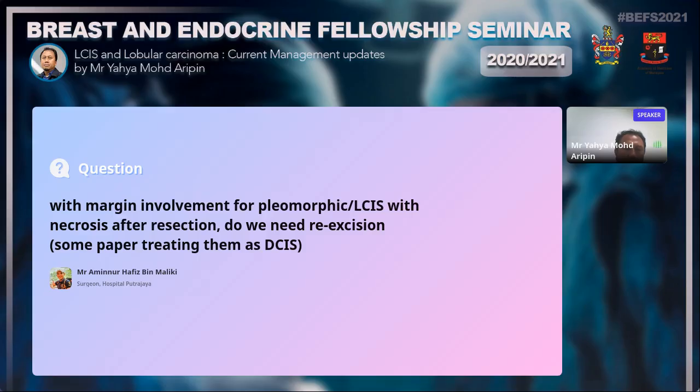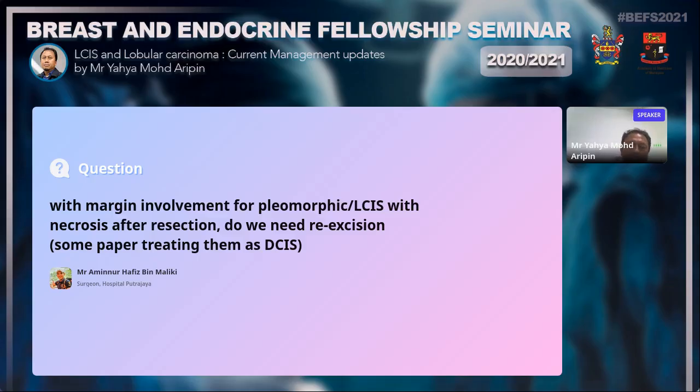With margin involvement for pleomorphic LCIS with necrosis after resection, do we need re-excision? Some papers treat them as DCIS. Which margin involvement? It depends on the margin.